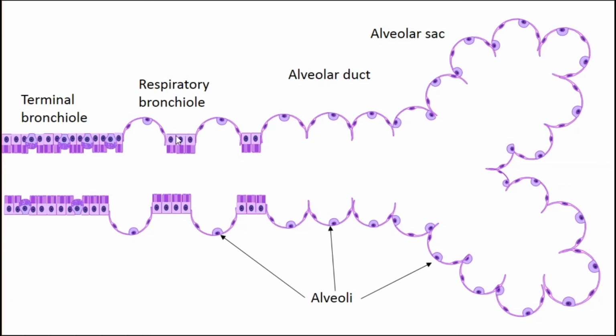In the respiratory bronchiole, we had islets of ciliated epithelium, but here it completely disappears, and the alveolar duct is completely formed by alveoli. And the end points of the respiratory portion are the alveolar sacs, which are composed of numerous alveoli. Numerous bubbles, vesicles, form alveolar sacs.